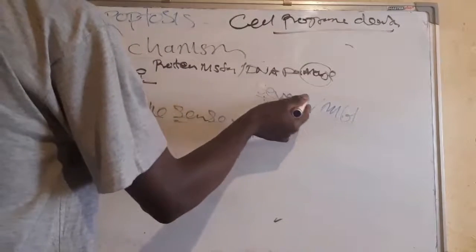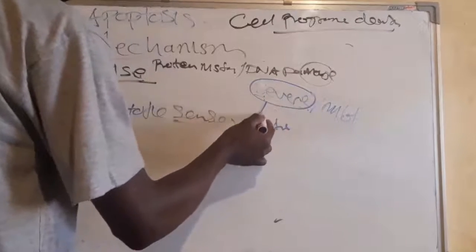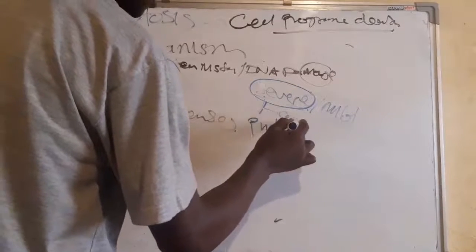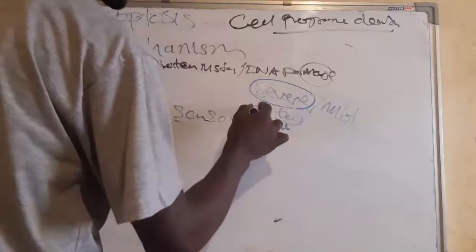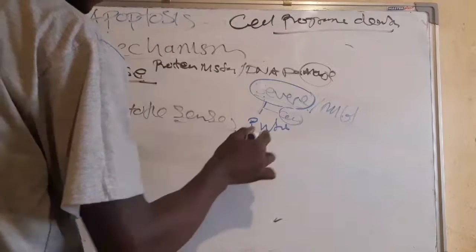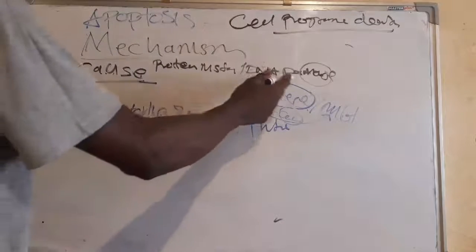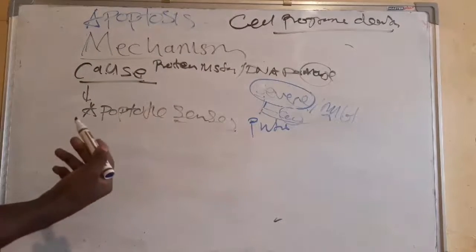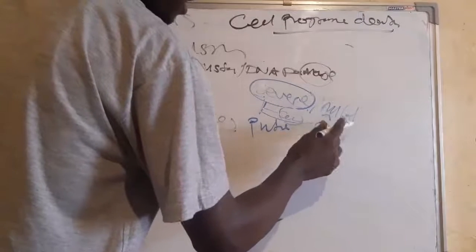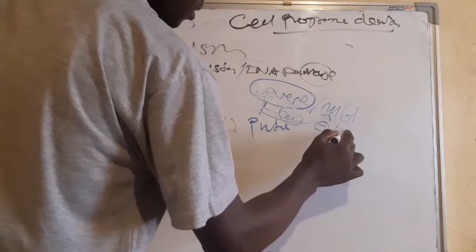When it is severe, they activate certain proteins that kill the cell by apoptosis. But when the damage or the stimulus is not severe but mild, they activate certain proteins which inhibit the process of apoptosis.